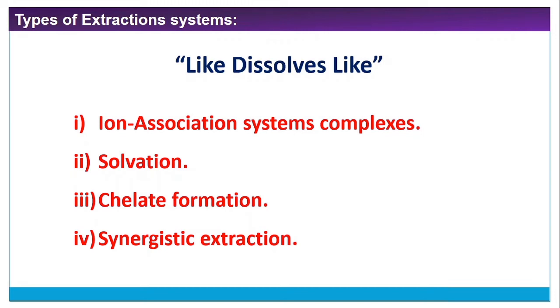The aim and principle are very simple: whatever the metal complexes are, they should be made more organic in form, so that the organic phase extracts these metals or metal complexes from the aqueous phase into the organic phase. I will see them one by one.